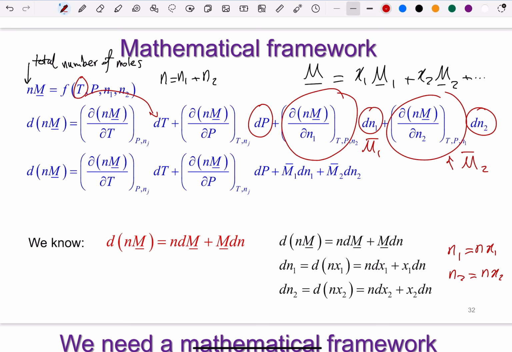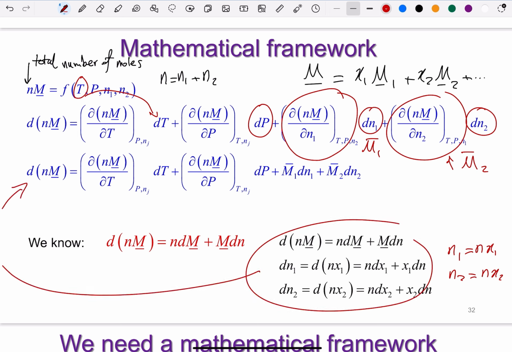So I'm going to replace that and expand that derivative, right? So dN1 is going to be d(n x1), and again I have a multiplication rule, so I have two terms. So that's the idea. I'm going to replace everything in that second equation here. Any questions so far?